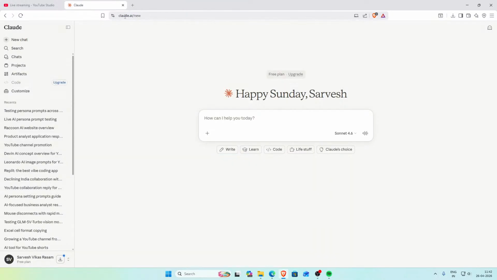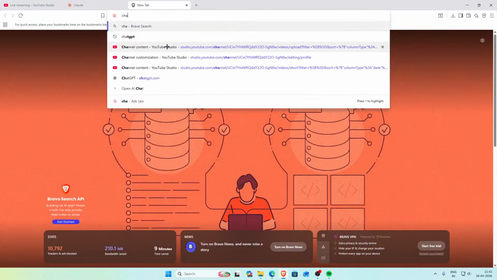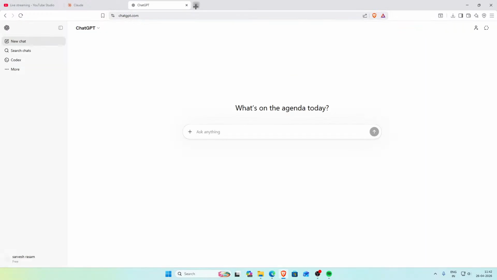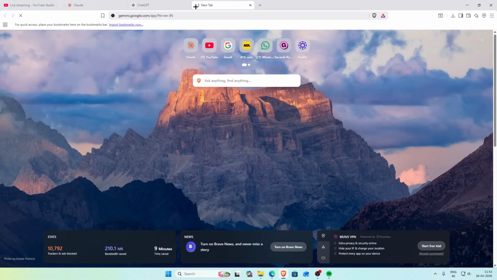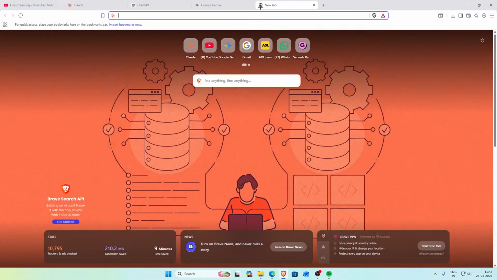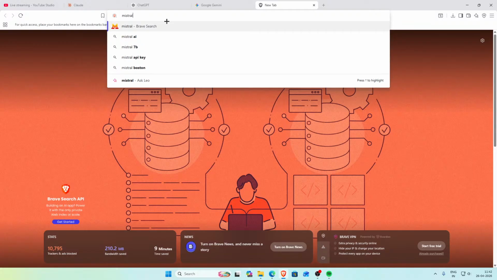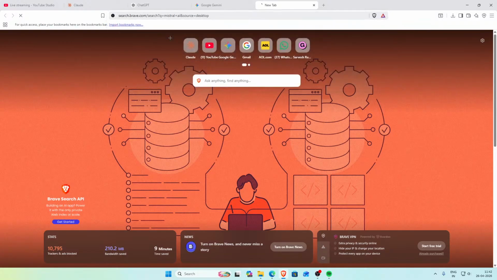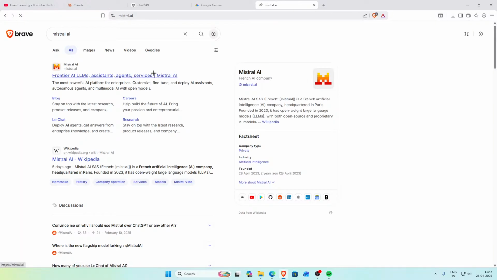So first we will open some of the chatbots, called Claude. Then let's go with ChatGPT. Then let's go with Gemini. These three are the top AI chat models, I would say. And let's go with Mistral, which is a free open base chat model too.